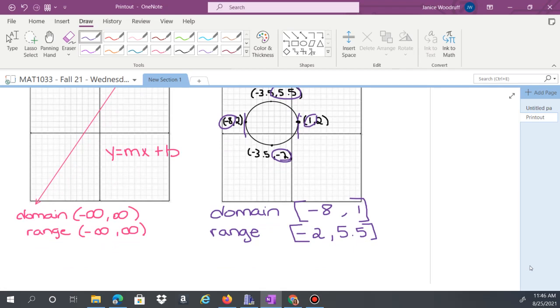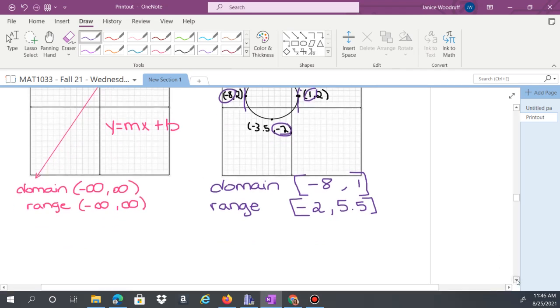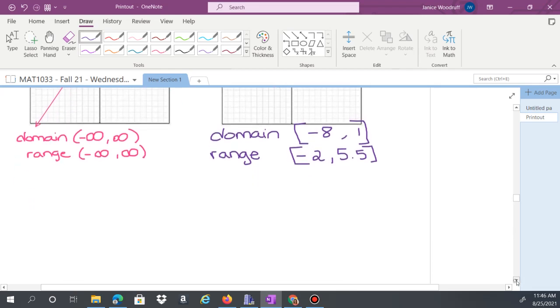I want to do two more with you, with just the vertical and horizontal lines, just to show you what those domain and range are for your reference. So just draw a vertical and a horizontal line.